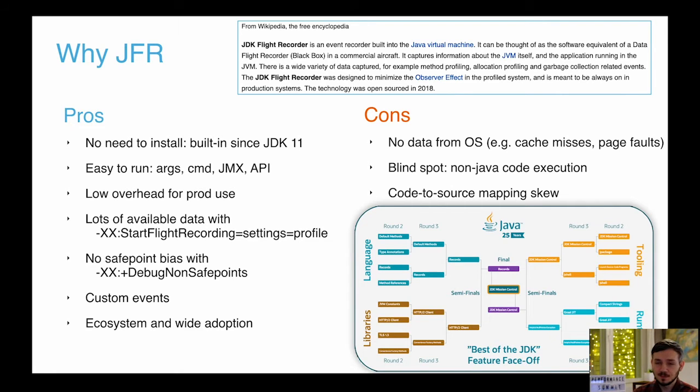It has small overhead, and to execute it you can use JVM arguments, a command line interface like jcmd, a JMX interface, or even an API, to create your own runner or library.